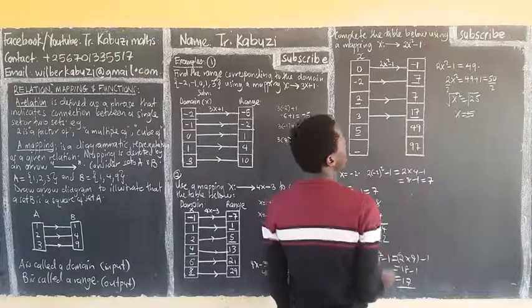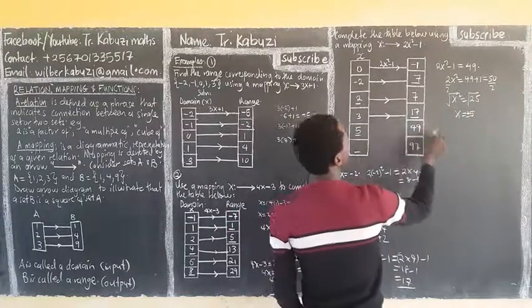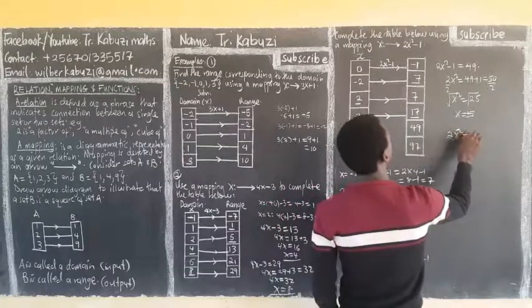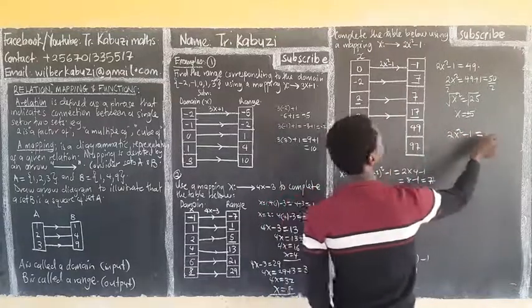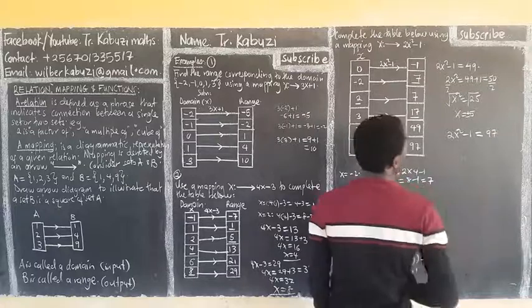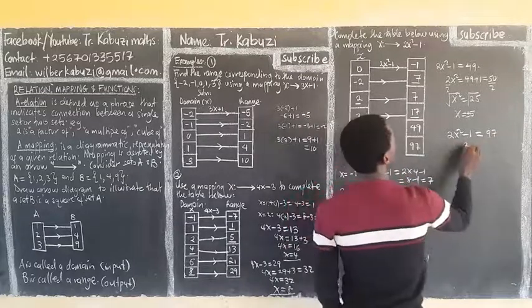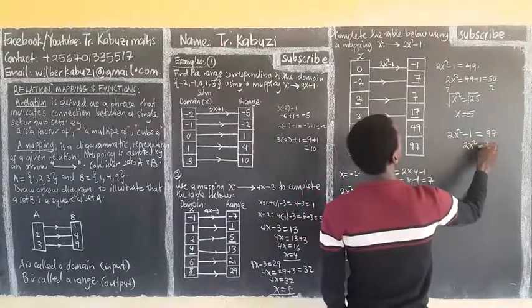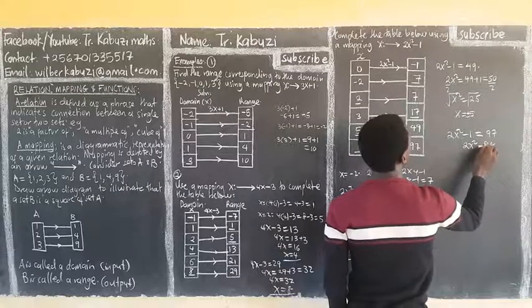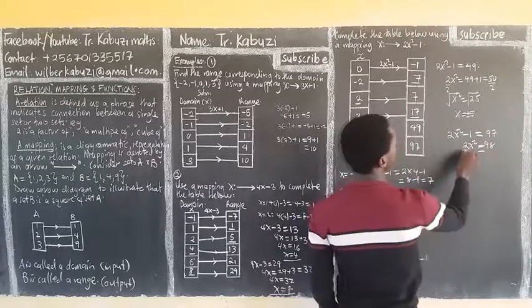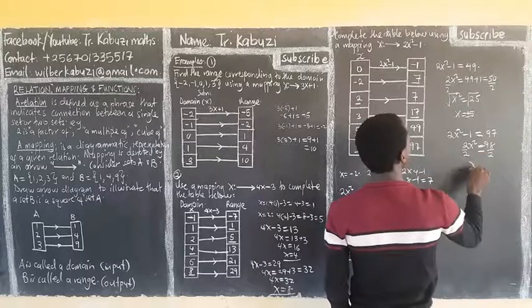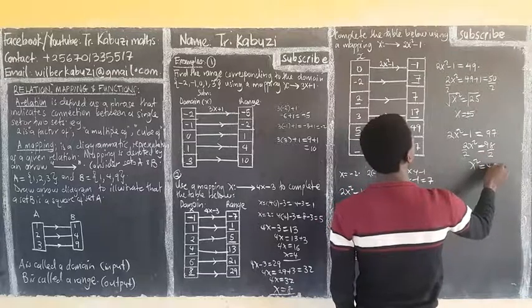Then here I have 97, so I need this. We just get this. Equate now to this. 97. Taking this side, we have 2x squared equal to 98. Divided by 2, our x squared will be 49.